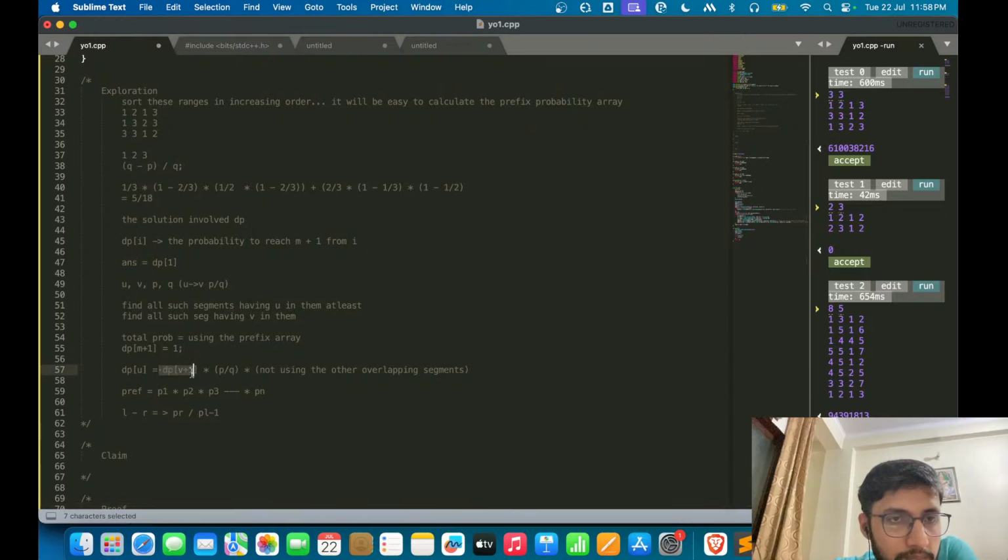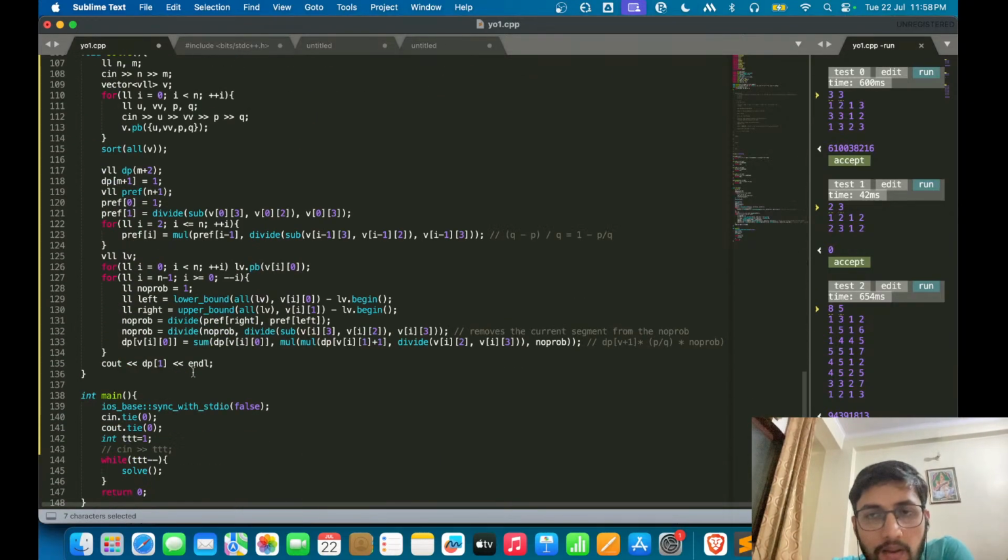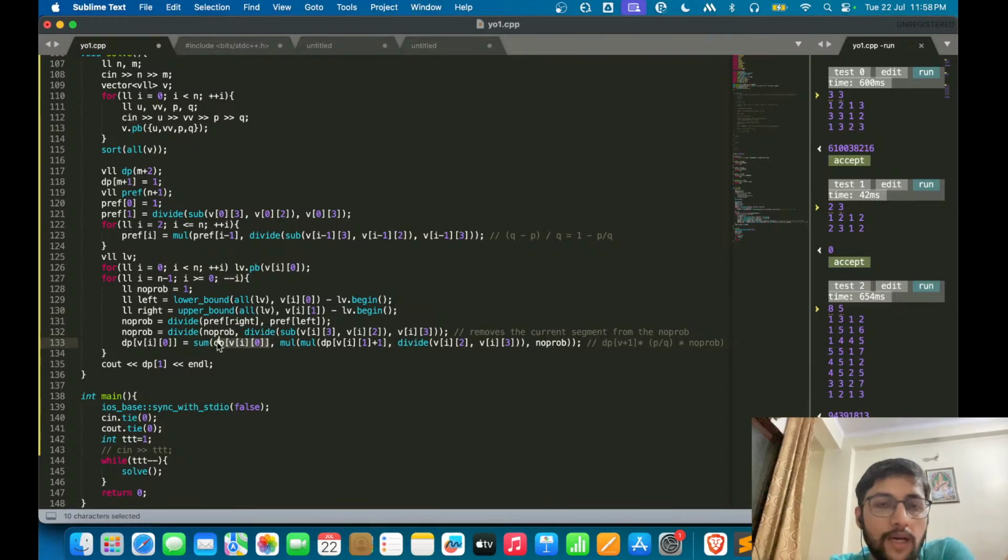This is what I'm multiplying. And I'm also adding it to the current, because multiple ranges are possible, multiple combinations of segments are possible, so that's why I'm adding it. And then my answer will be dp of 1, and this worked.